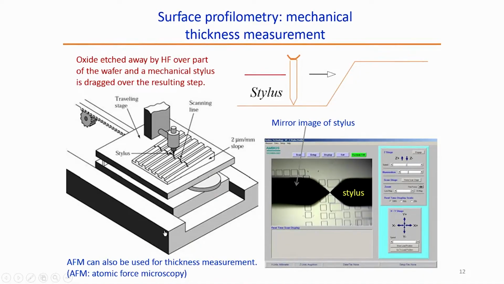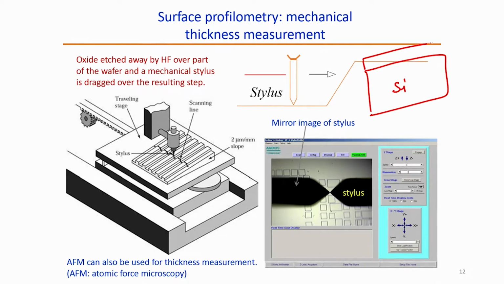If you see the slide, you will see that there is a surface profilometer, and this surface profilometer will help us to understand the thickness of the silicon dioxide or any other material deposited on a silicon wafer. How can we know that? Suppose this is a silicon wafer.